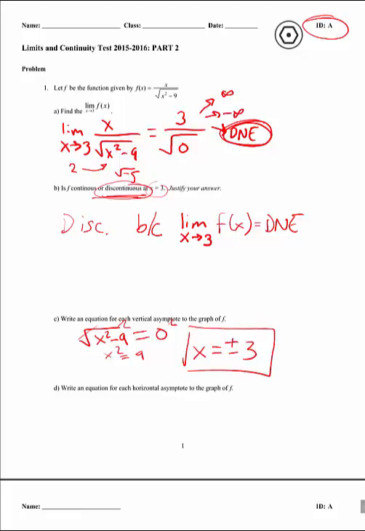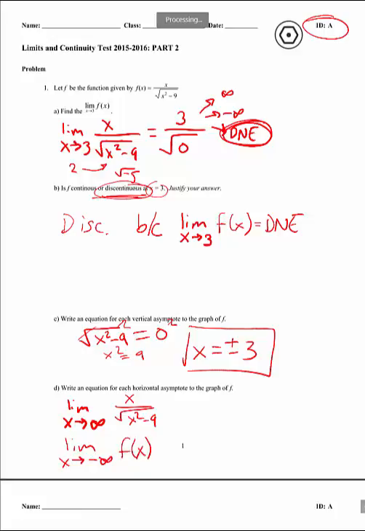And then horizontal asymptotes, this one was a little trickier, but we have to check the limit as x approaches infinity of f of x, and we have to check the limit as x approaches negative infinity of f of x. Okay, now in this case, instead of f of x, we can write x divided by radical x squared minus 9, and this becomes the limit as x approaches infinity, right?